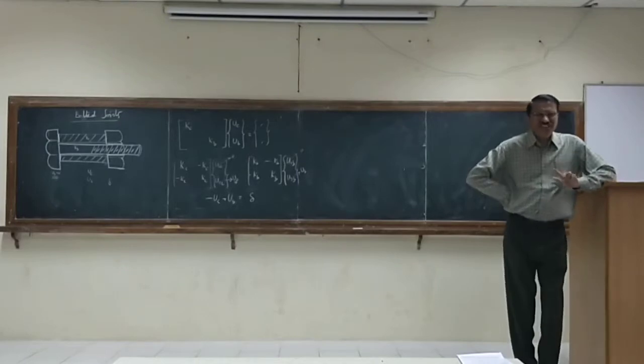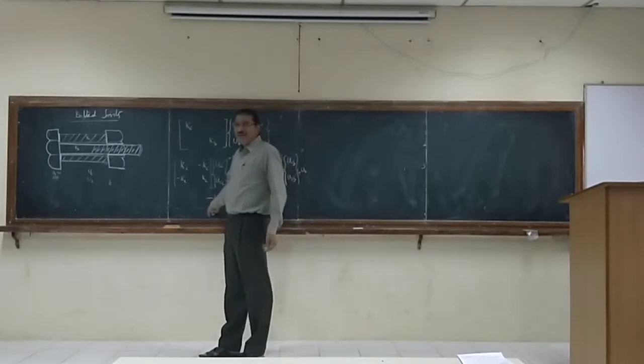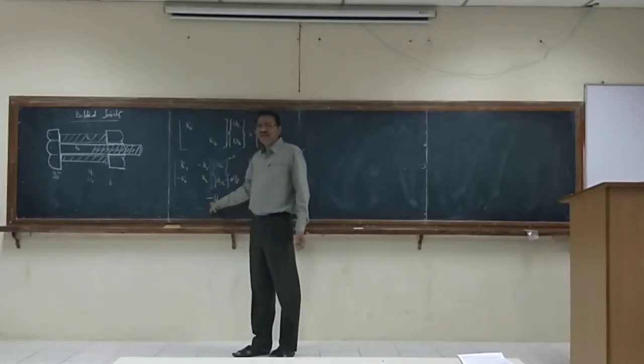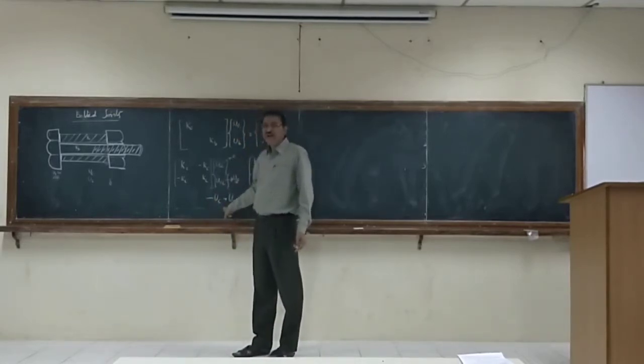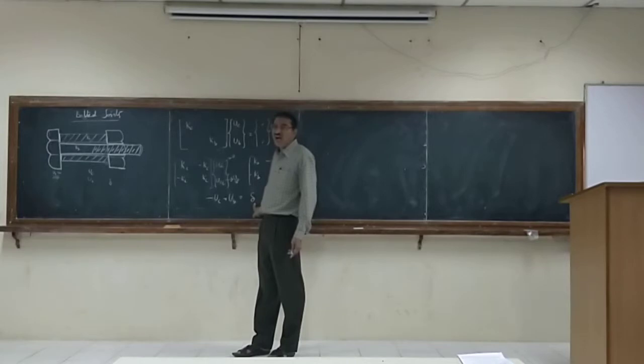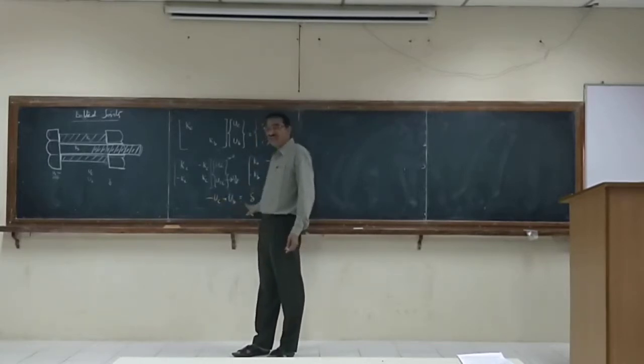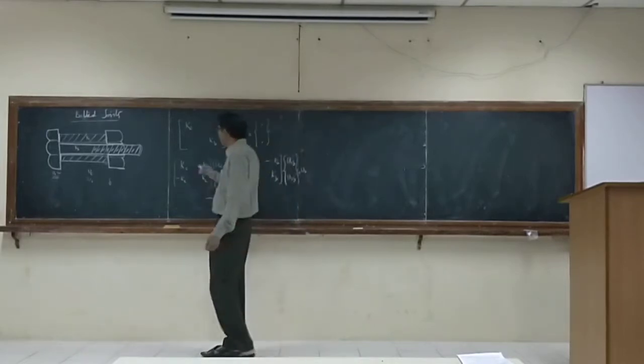Now how do you bring this constraint equation here? We can say beta C UC plus beta B UB equal to alpha. This beta is -1, this beta is +1, this alpha is delta. So what's happening here?